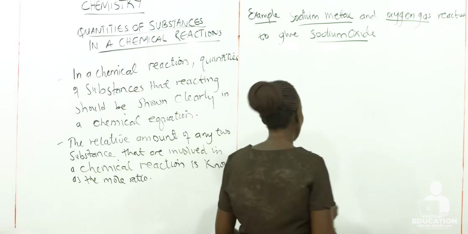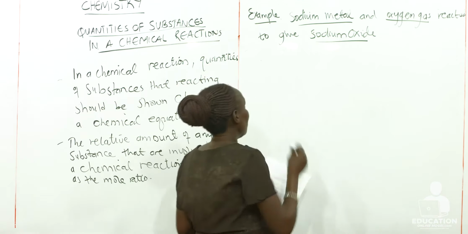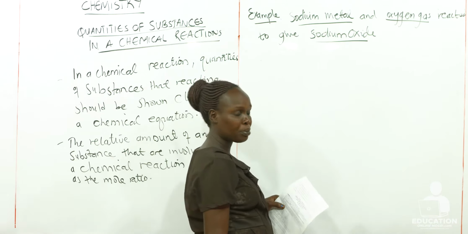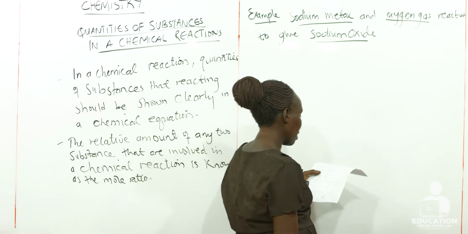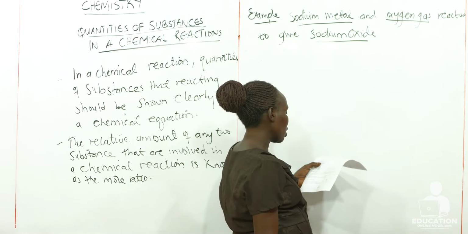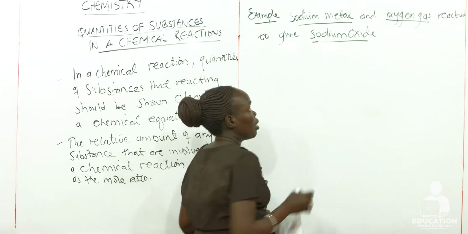So the various amounts of the metal, sodium, and the gas can react to give us various amounts of sodium oxide.